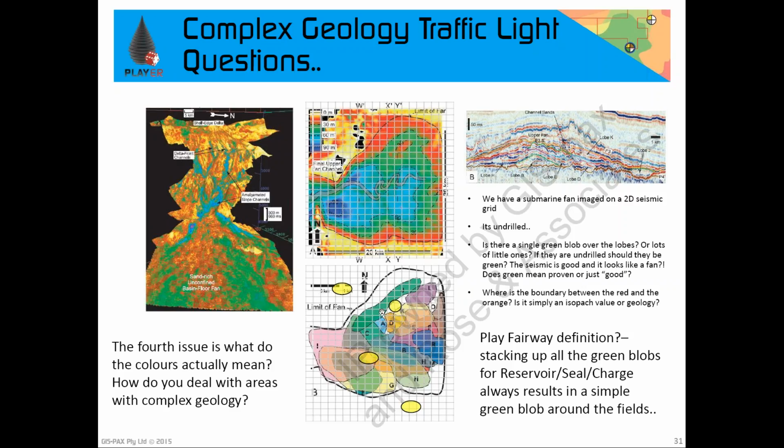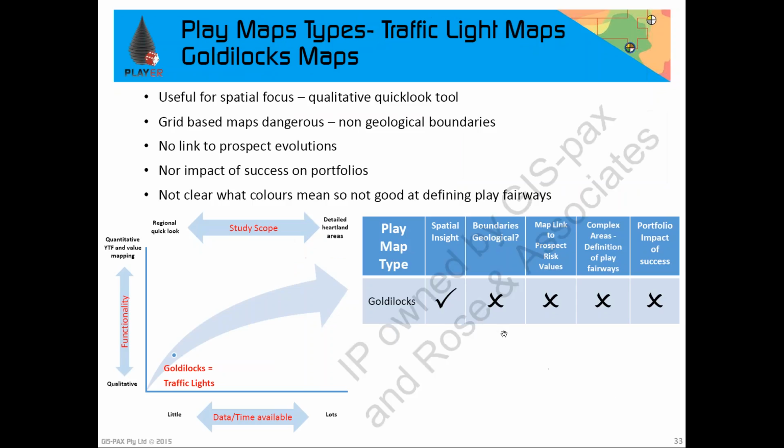Would I try and put green where all the blobs are, or what would I do with this? How much detail would I do? And a lot of people would use an amplitude extraction and try and pull out a value for every point, which is incredibly dangerous. So it's not clear what to do in areas of complex geology, and I'll come back to other solutions for this problem.